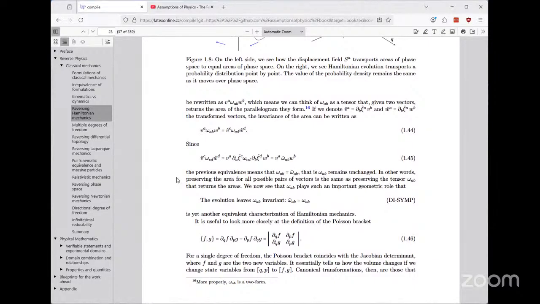If we denote V hat A as the partial of psi hat A with respect to B times VB, and also for the transformed W hat A, the transformed vectors, the invariance of the area can be written in the following form. So it's just applying the two-form in both cases. Equation 1.44.